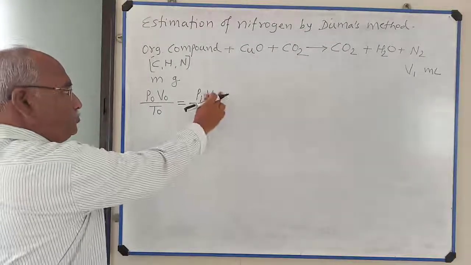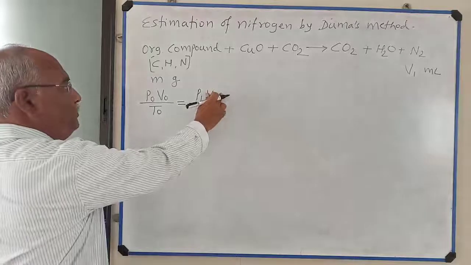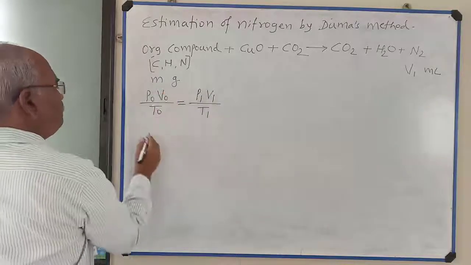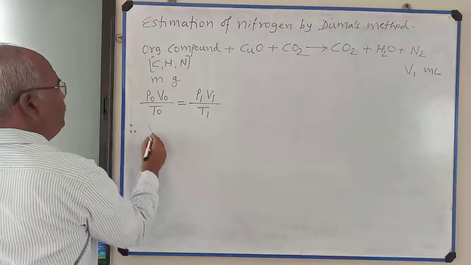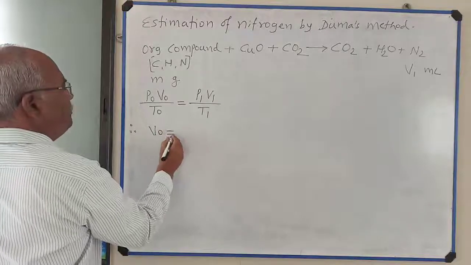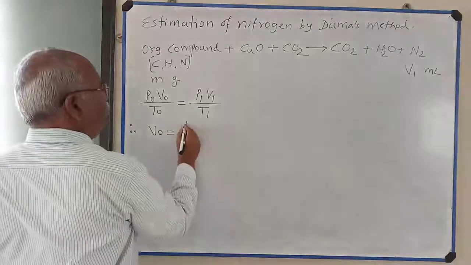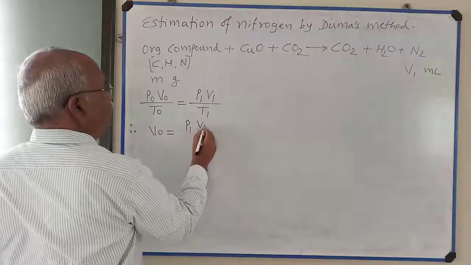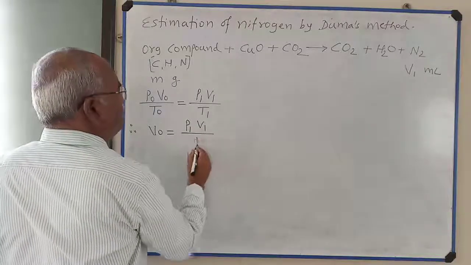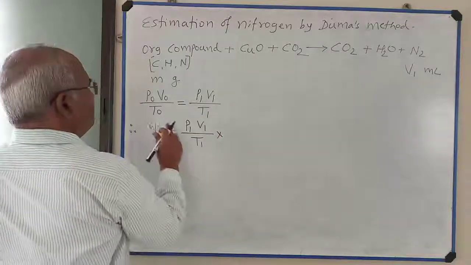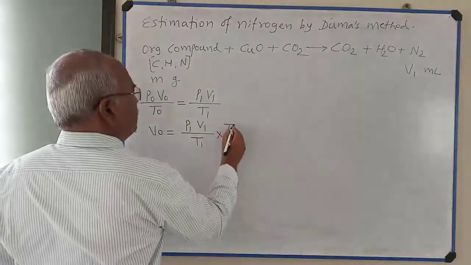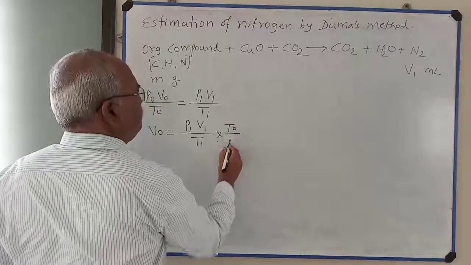We want to convert this P1 into P0. Therefore, next step I write P0 is equal to P1 upon T1 into T0 upon P0.